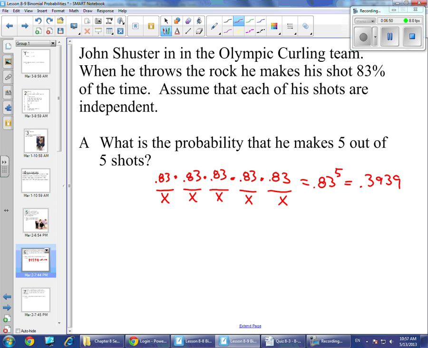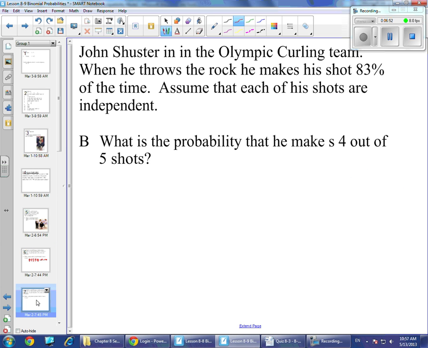Now let's switch the question. I want to know the probability he makes 4 out of 5 shots. I'm still going to have those same 5 slots because he's taking 5 shots in order. But here's the deal: if he's making 4 out of 5, we don't know which one he misses. For instance, he could make the first four and miss the last one.